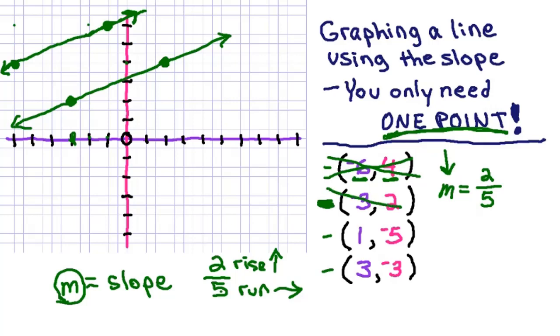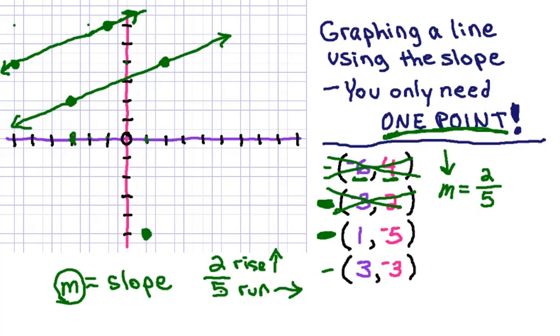Now we did the -3, 2. Now let's move on to our next set of coordinates, 1 and -5. We need to go to +1 for your x value, and then -5 means we're going to go down the y-axis 5 notches: 1, 2, 3, 4, 5. And there's your point.